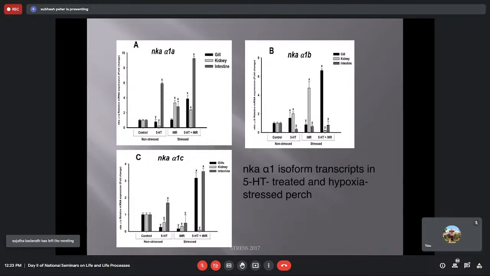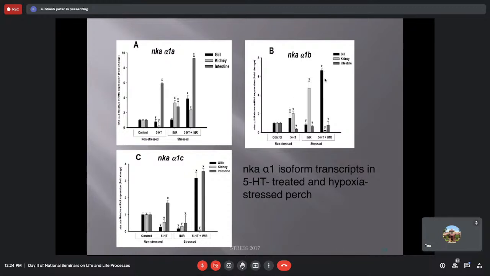And we even looked at the differential regulation of alpha 1A, 1B, and 1C isoform transcripts in the fish collected from the different gill, kidney, and intestinal epithelia, and we see that differential regulation. As a result, there is a higher level of alpha 1 in the gill.